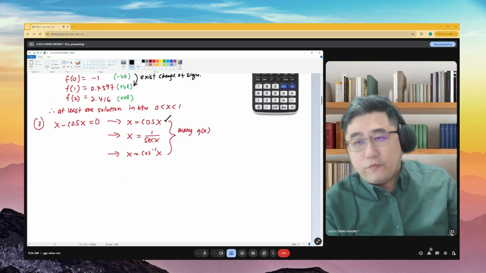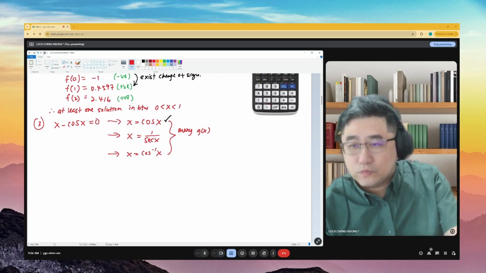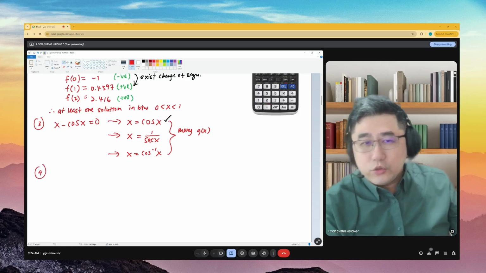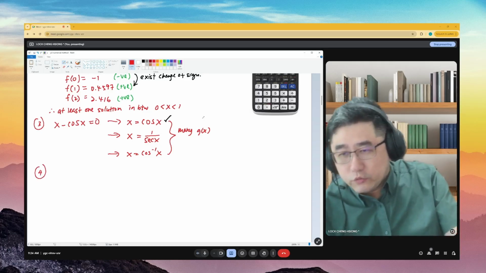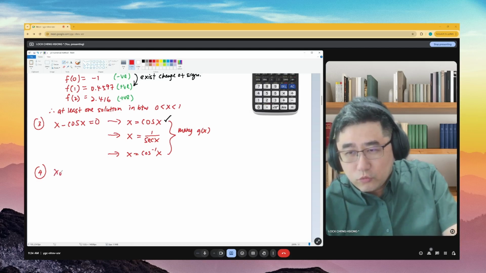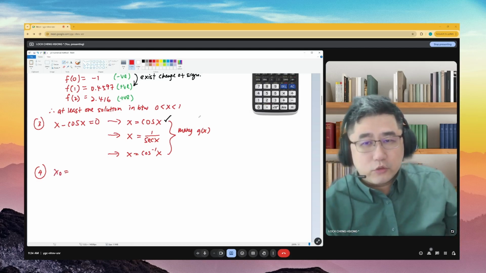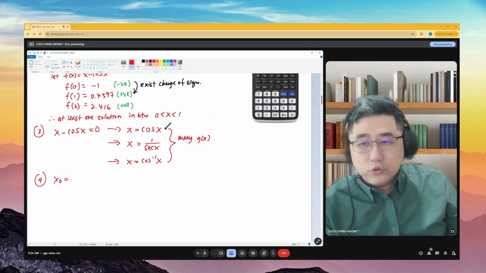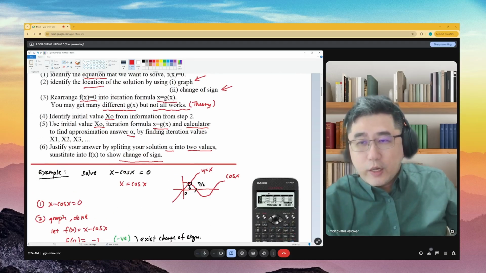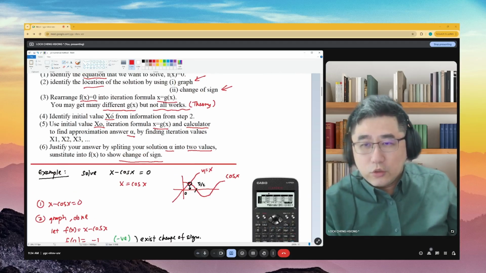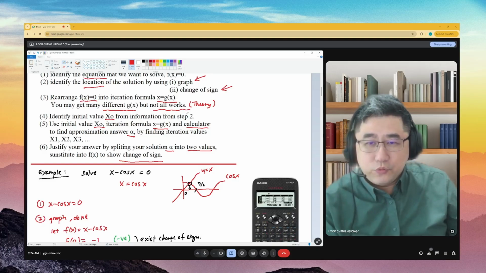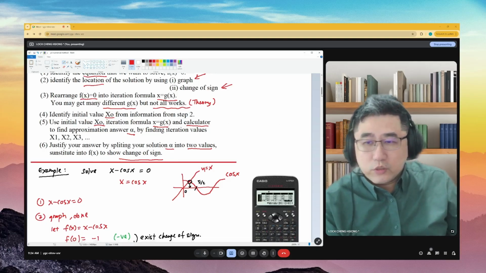Step 4, we need to identify our initial value x naught. According to the steps I mentioned here, identify the initial value x naught from the information in step 2. So we need to refer to step 2.